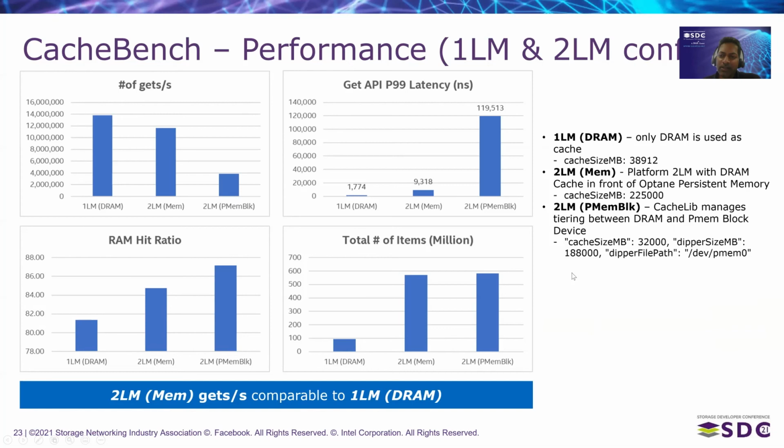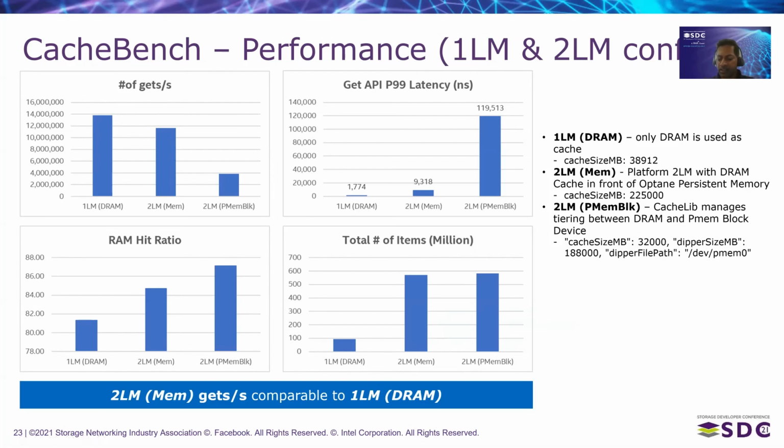So application changes, having a software stack that actually can take advantage of tiering with different types of media, is extremely important. This is something that we will work through in the CacheLib community to enable a PMEM native interface as well, so we can exploit the bandwidth characteristics.